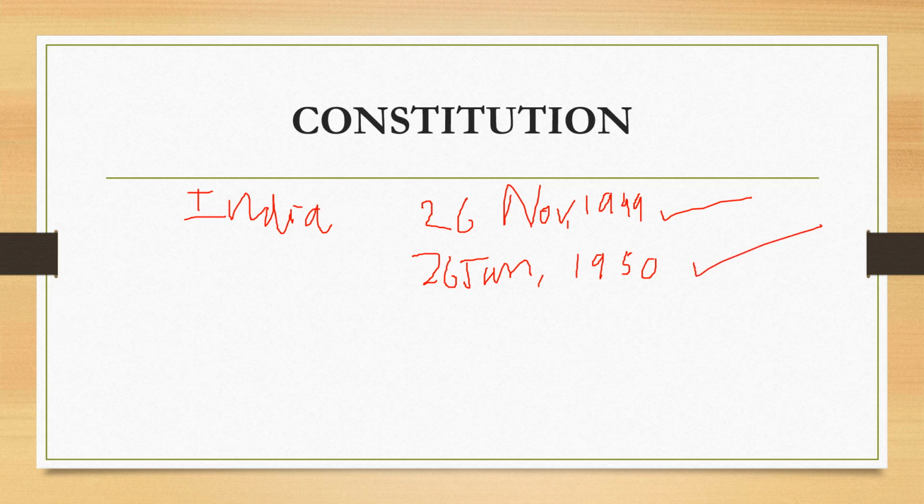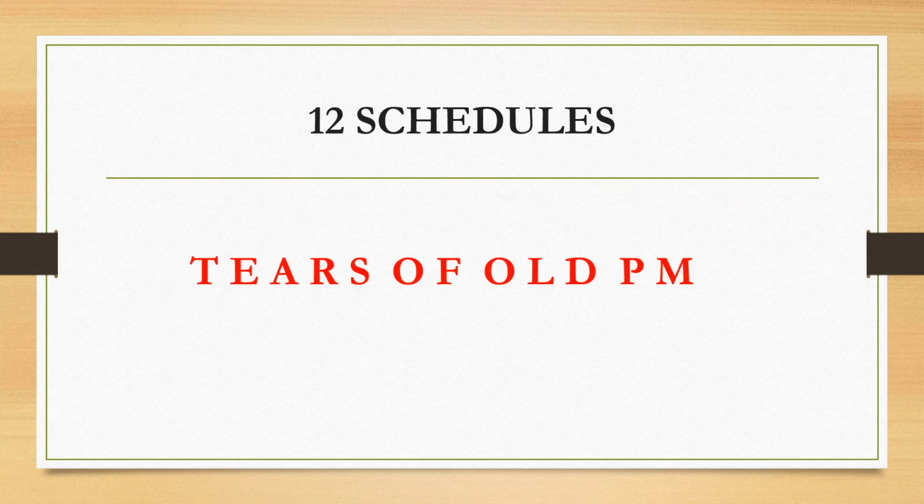Which country does not possess a written constitution? The UK does not possess a written constitution. There are 12 schedules in our constitution and these 12 schedules can be easily learned by using a trick.